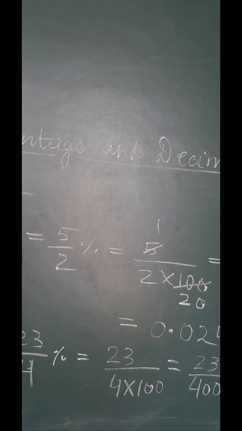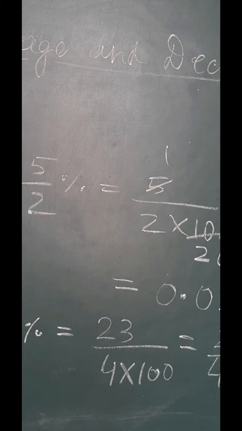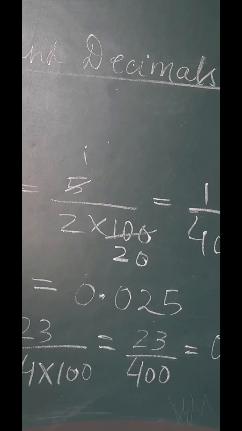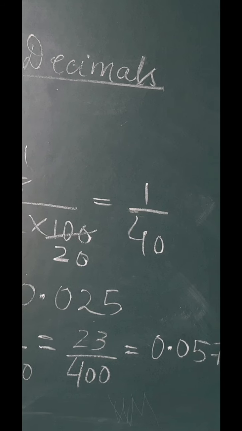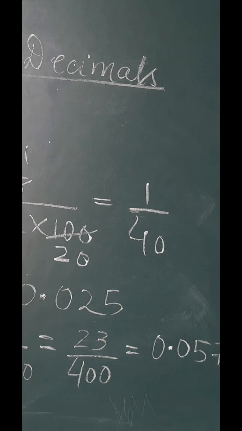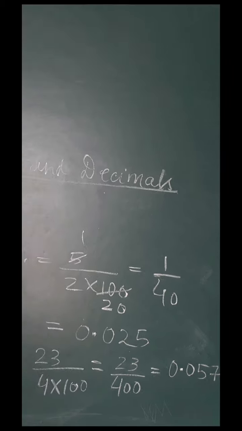Since it is in percentage, again we have to take the reciprocal of 100, multiply it with the first fraction. So after taking the reciprocal, it will be 23 upon 4 multiplied by 100. So 23 by 400, and you have to divide it manually in the rough column and you will obtain 0.057. Okay students, so I hope you must have understood this question also.